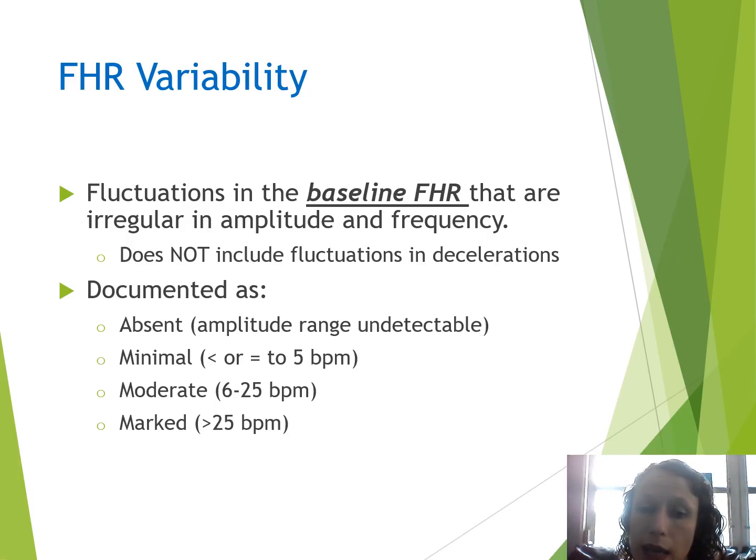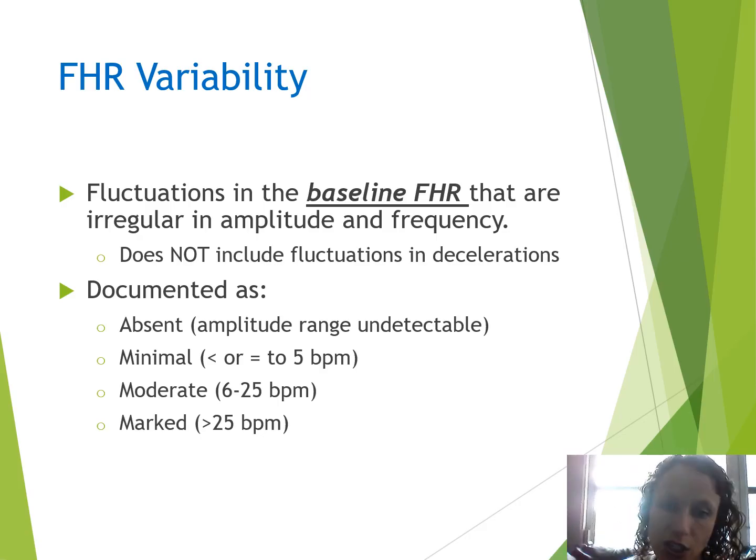We have four different types of variability that we talk about: absent, minimal, moderate, and marked. We're about to look at a picture of them, but we need to have that definition in our head. Absent is going to be a complete, straight line, pretty much. It has no variation. I've heard some people refer to it as teeth. It has no teeth.